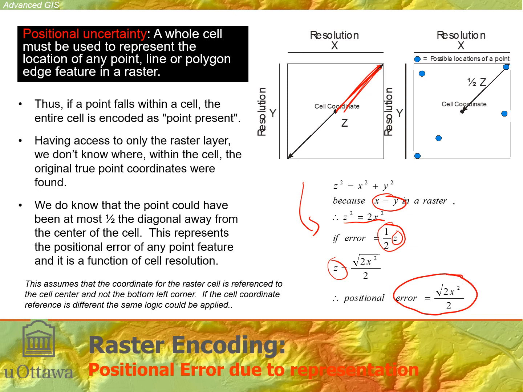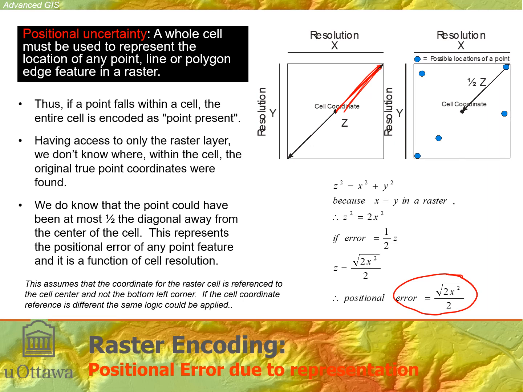All you have to know is the cell size, the resolution in x and y. And then you know how uncertain you are in terms of the position of something that you might report from the raster. So you may have a raster layer, and somebody in that raster layer may represent the location of grizzly bear dens.